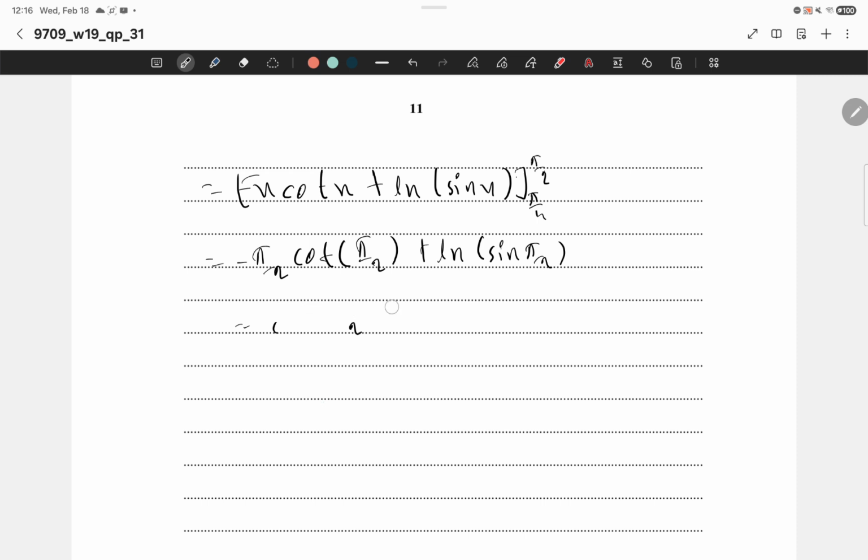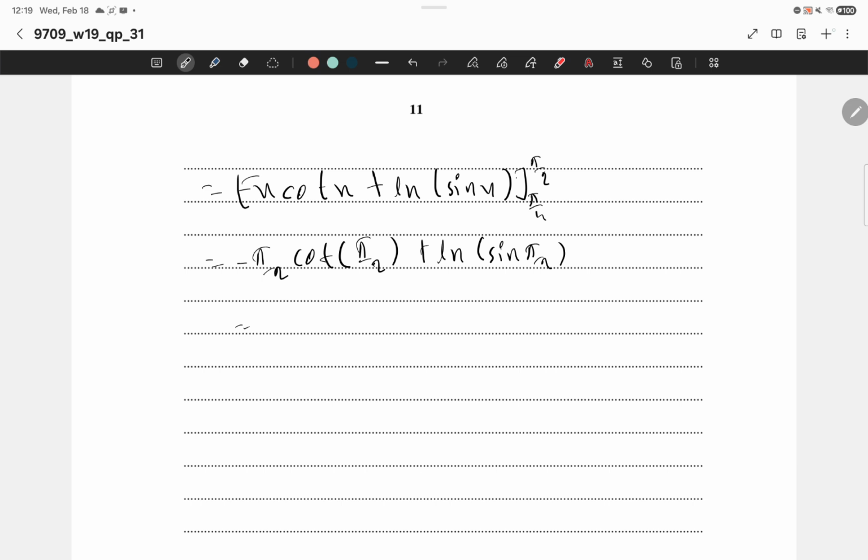The thing is, cot pi by 2 is actually 0. Let me just check again. Okay, so I was doing 1 by tan pi by 2 in my calculator since there is no cot button there, and it gives an error.